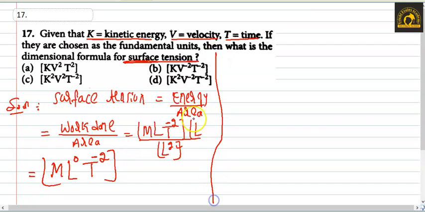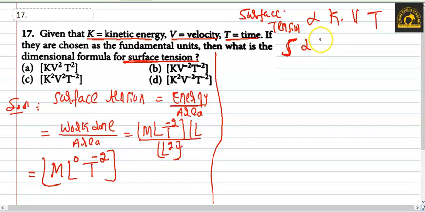Okay, next one. The surface tension is directly proportional to what? Kinetic energy, velocity and time. S is the surface tension, that is equal to k V t.